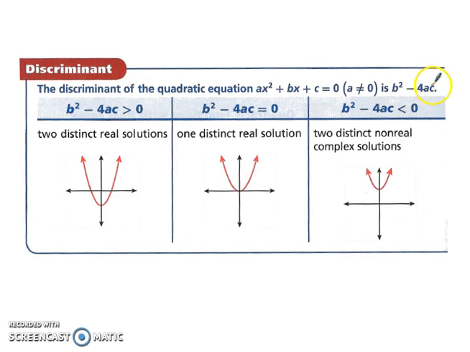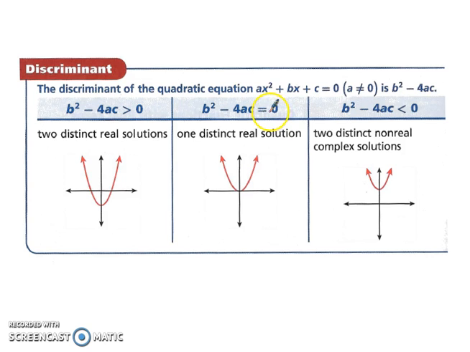It makes sense because if what's under the square root is negative, you're going to have a non-real solution. Whereas if it's positive, you're going to have multiple solutions, and then if it's 0, there's only going to be 1 because it's going to touch the axis one time because it already equals 0.